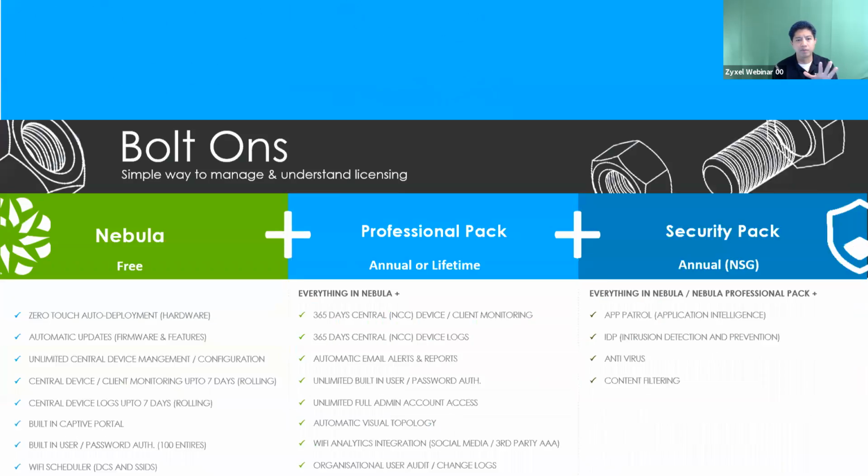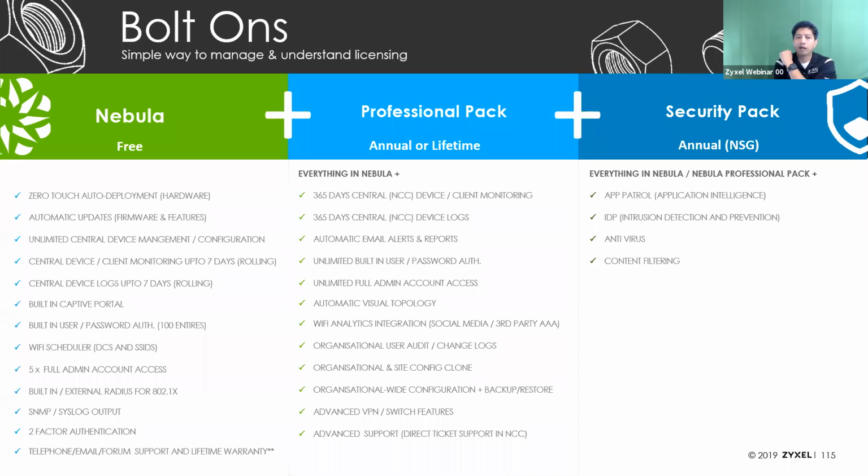All right, so some of the little details that I want to just clear up from a partner standpoint. Like I mentioned, we offer a free Nebula solution. This is to compete against Ubiquiti and things like that that offer a free cloud solution. So we offer Nebula on our platform as a free option, and it still gives you the auto provisioning of the hardware, automatic firmware updates, unlimited management, all those things.